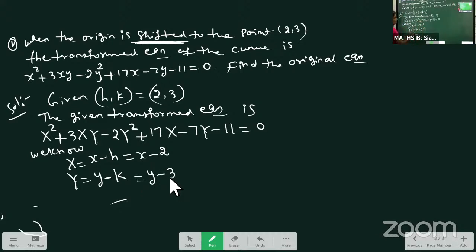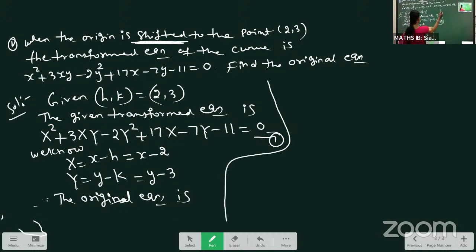Substitute this x and y value in the given equation. Take this as equation 1. Therefore, the original equation we want: where to substitute this? In equation 1, wherever capital values are there, we have to substitute.